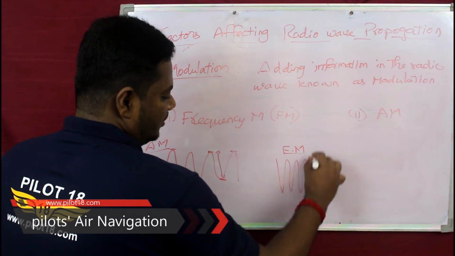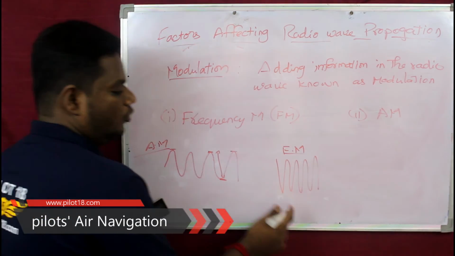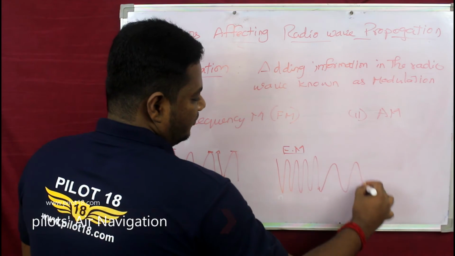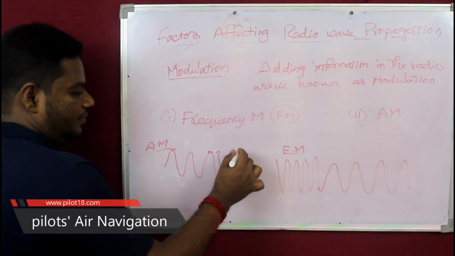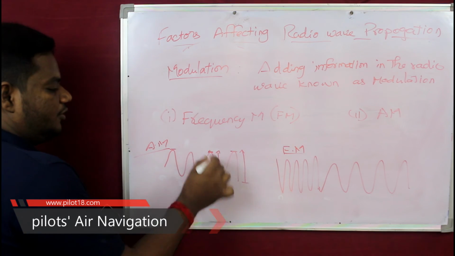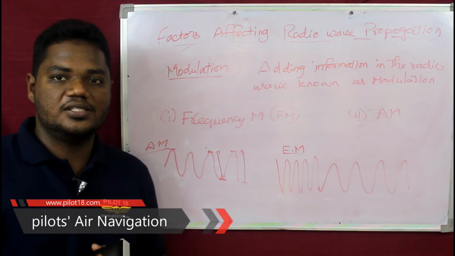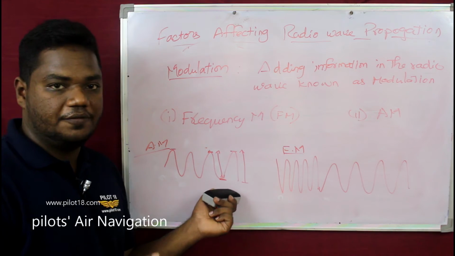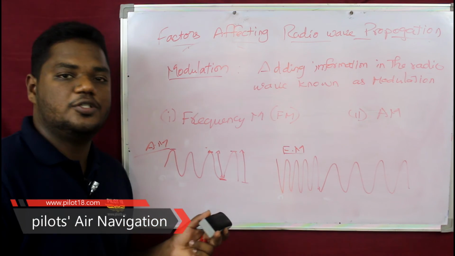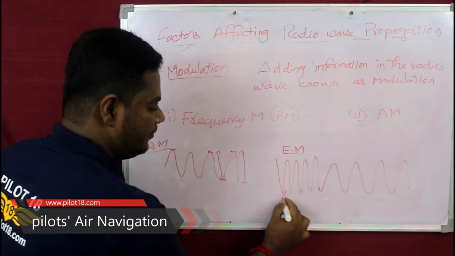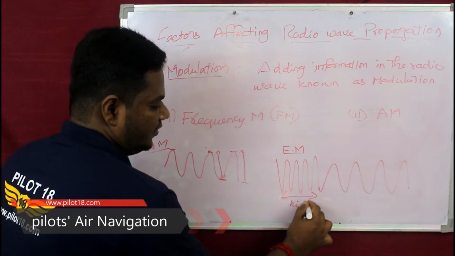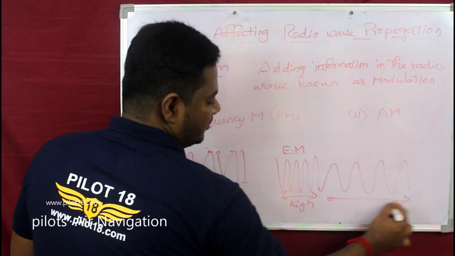If the radio waves are very close, more frequency. If it's like this, less frequency. This is same amplitude. Amplitude in terms of radio waves, you can simply imagine as the height of the radio wave. If height is constant, the amplitude is same. And here, if the radio waves are closely packed, high frequency; if widely spaced, it is low frequency.